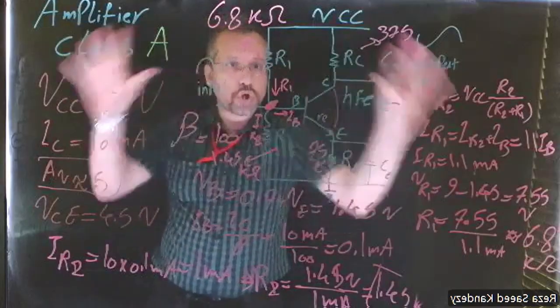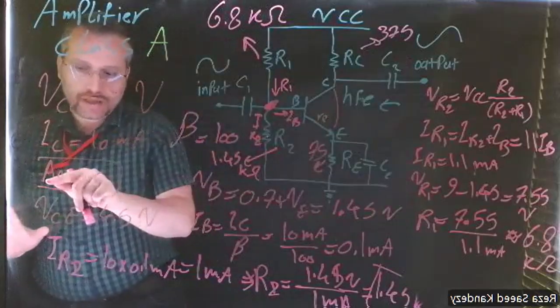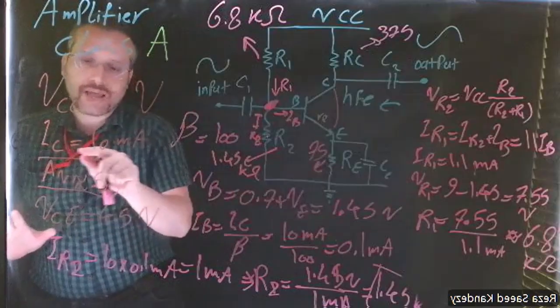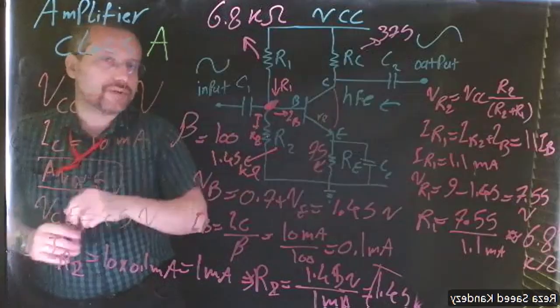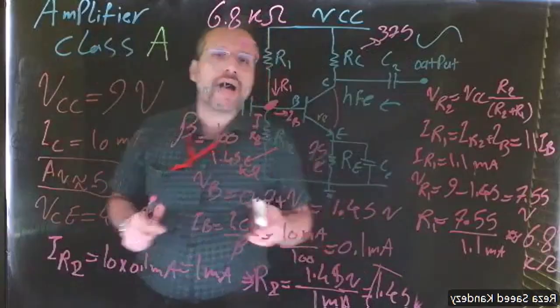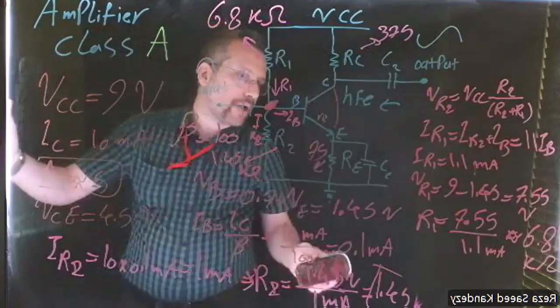So based on the whole circuit, we have to have a gain of 5 and the collector current of 10 milliamp when we have the voltage of VCC. Now, before we go that, let's actually run a small signal analysis for our circuit.